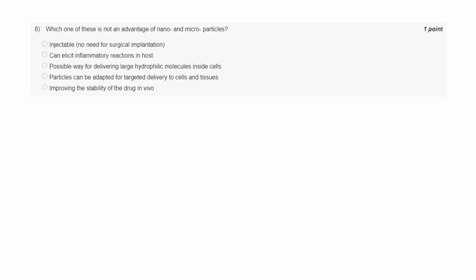We are supposed to choose something which is not advantageous for these particles. Option 2, ma'am. Option 2, okay. Thanks. Any other response?